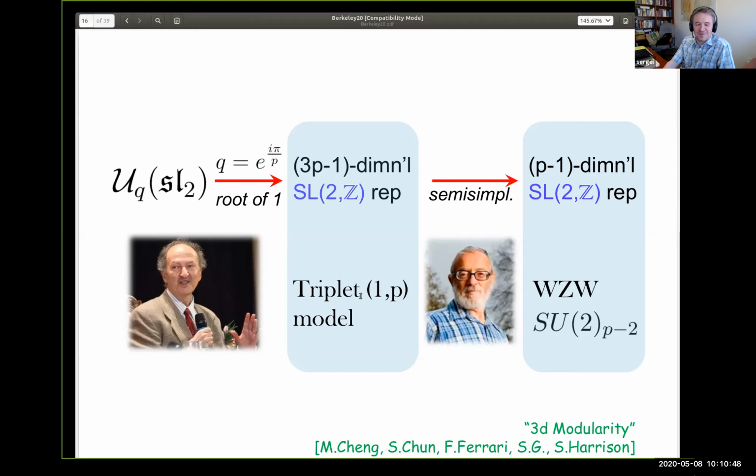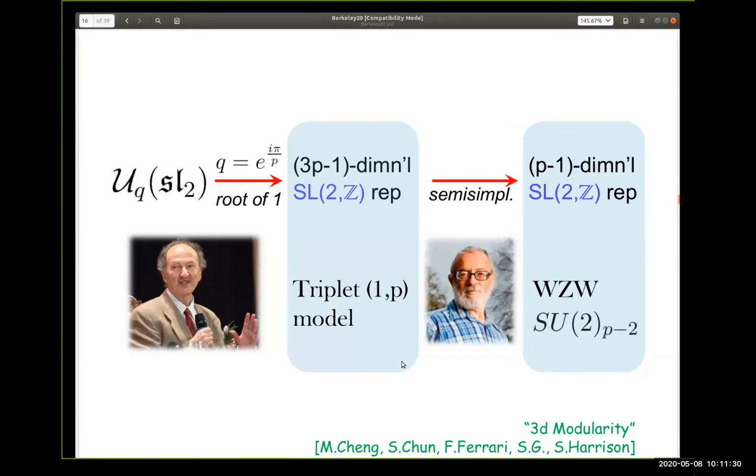The study of such logarithmic vertex algebras and the corresponding non-semisimple modular tensor categories is an exciting, cutting-edge development that's still going on. There is a lot to be said, and I think we're just beginning to explore the rich world of these non-semisimple modular tensor categories. Recently, this 2-step construction and the relation between both representations of SL2Z were given a physics interpretation in this paper, and it will play a role in some application very much further down the road, if I get time to get to that application.